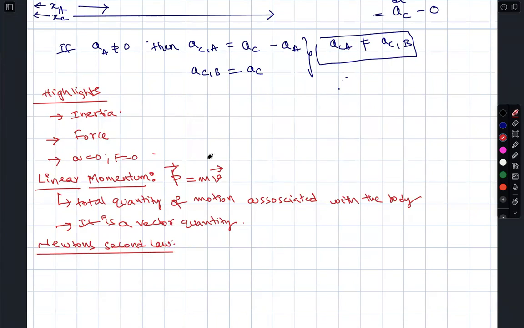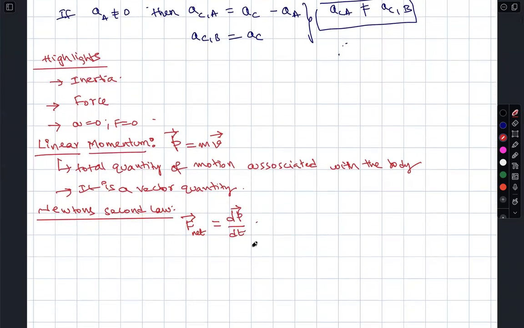So Newton's second law statement is, in other words, defined as the net force acting on the system is nothing but time rate of change of momentum. This is Newton's second law. Again, this is in inertial frame.